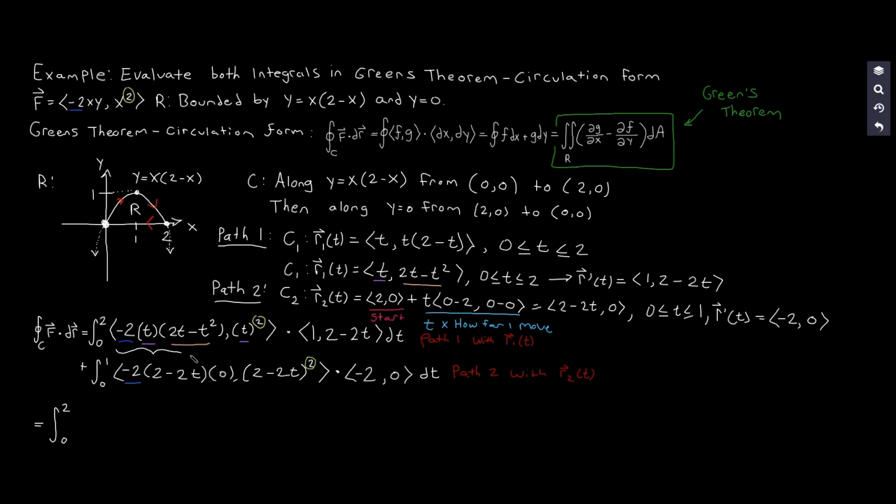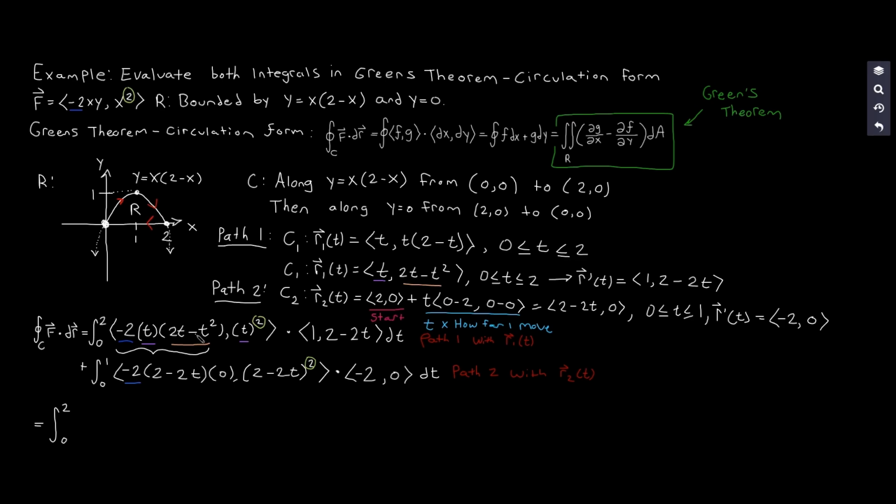We need to multiply everything in the x component. So this 2 is going to become 2t squared, minus t cubed.